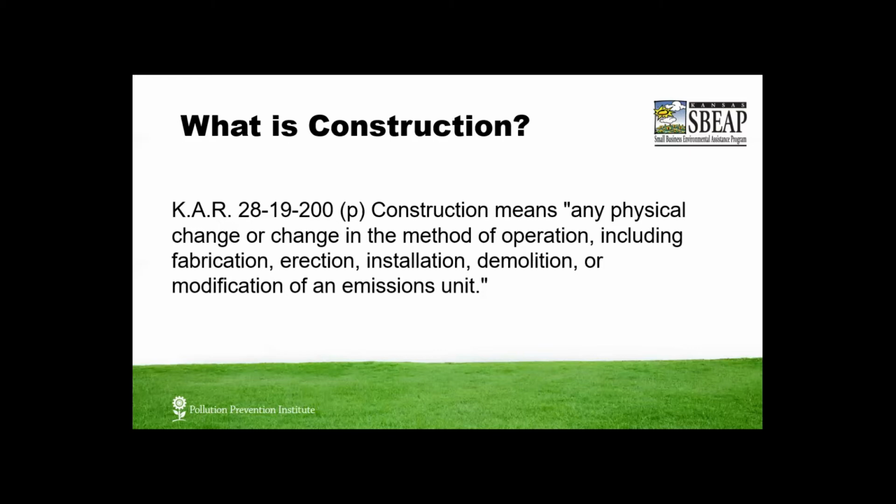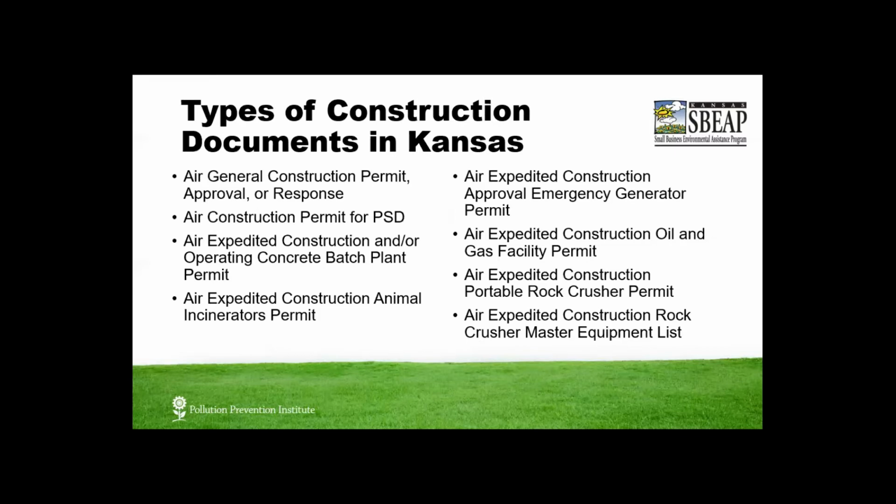Owners and operators should plan in advance the need for a permit or an approval, and allow plenty of time to submit the appropriate application to KDHE Bureau of Air before beginning any construction activities. In Kansas, we have several types of air quality construction documents.